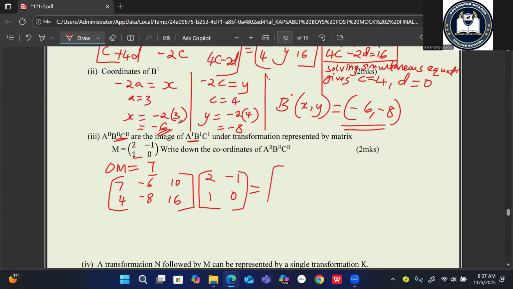So should be equal to what? So we multiply them.